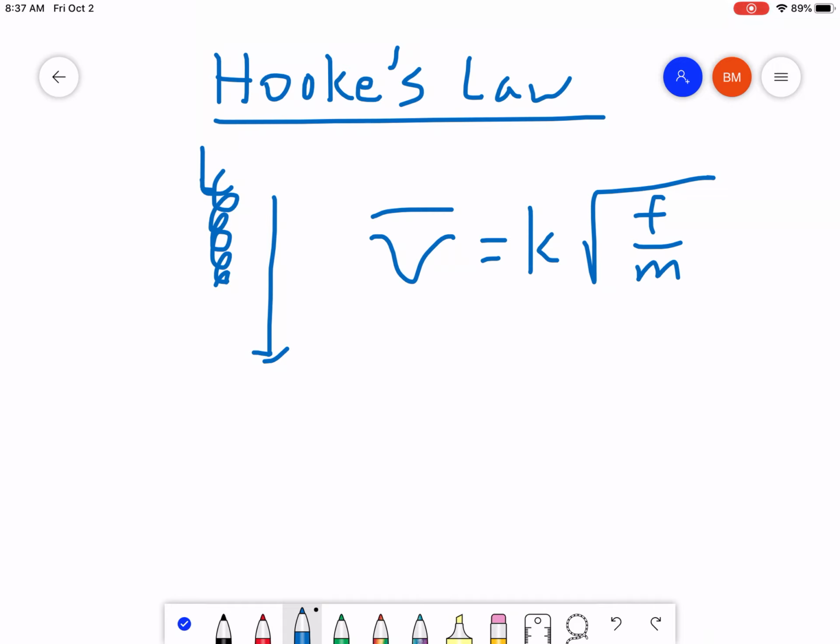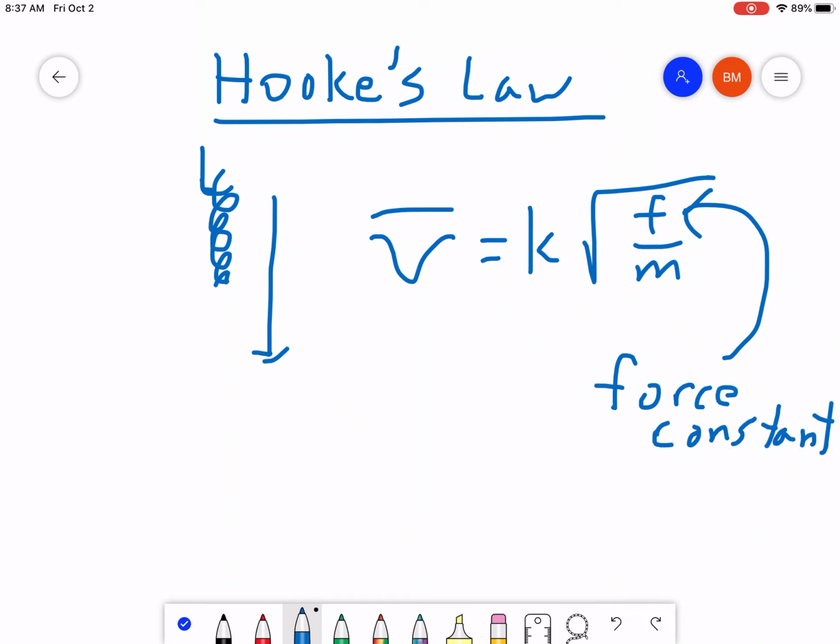K is just a constant value. We're not really going to worry about that one. The two that are more interesting are, F, that's a force constant, and that is related to strength. All right. M refers to mass.